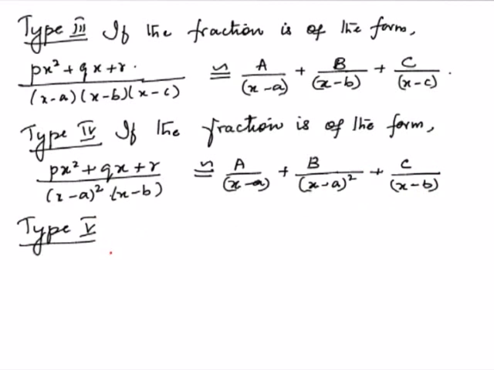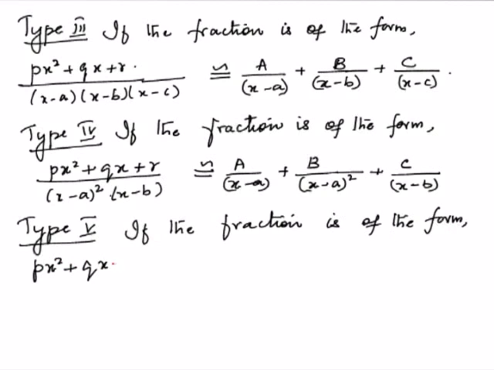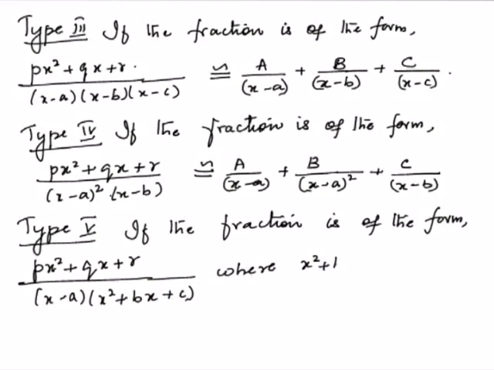The last type: if the fraction is of the form px squared plus qx plus r divided by x minus a into x squared plus bx plus c, provided x squared plus bx plus c is not factorizable.